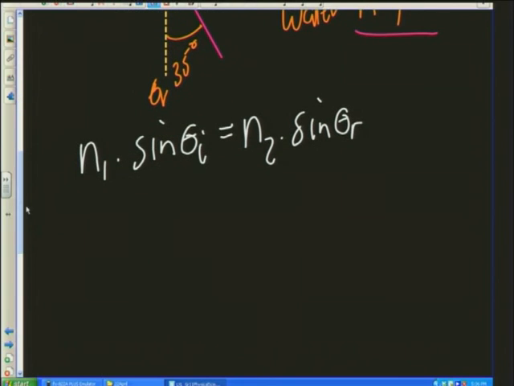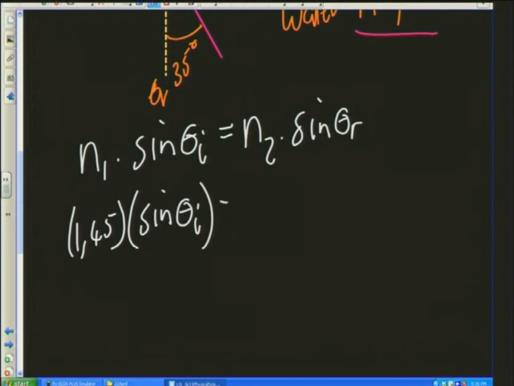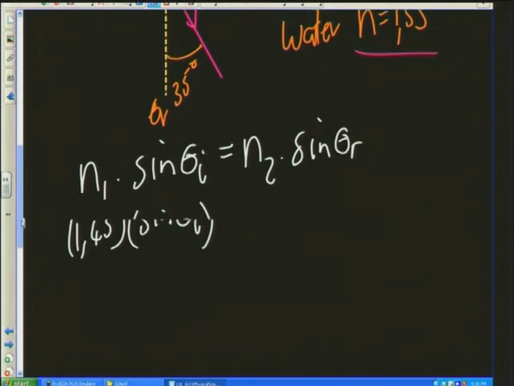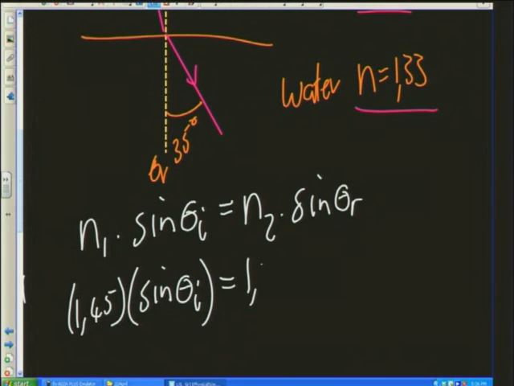Oil is 1,45, multiplied by sine theta i, which I don't know. n2 was 1,33. I'm going to rush it, 1,33. And the sine here was the sine of 35 degrees. Don't forget the degree sign.